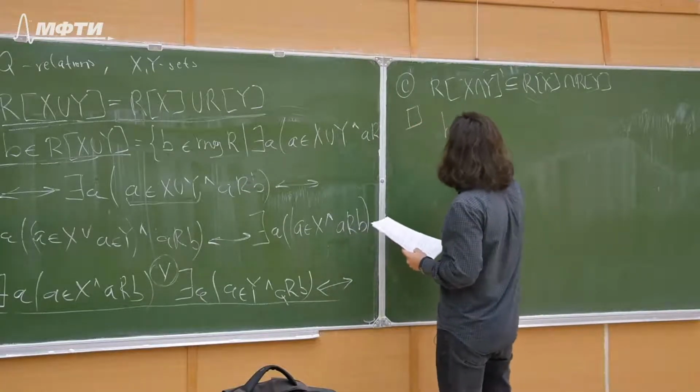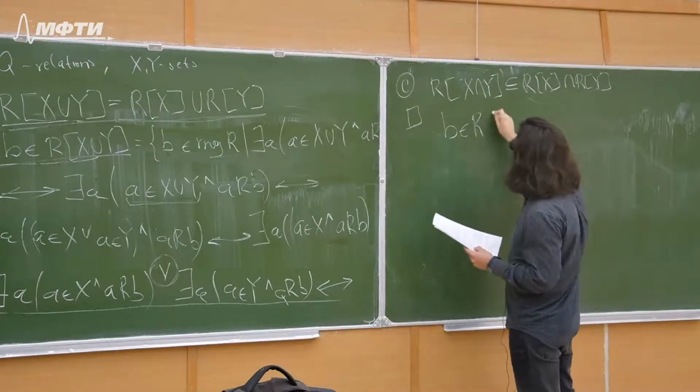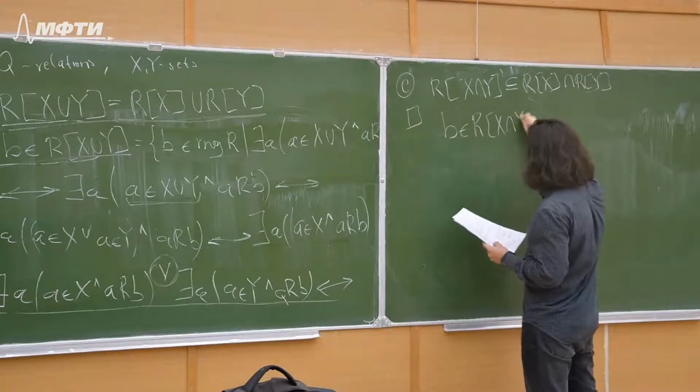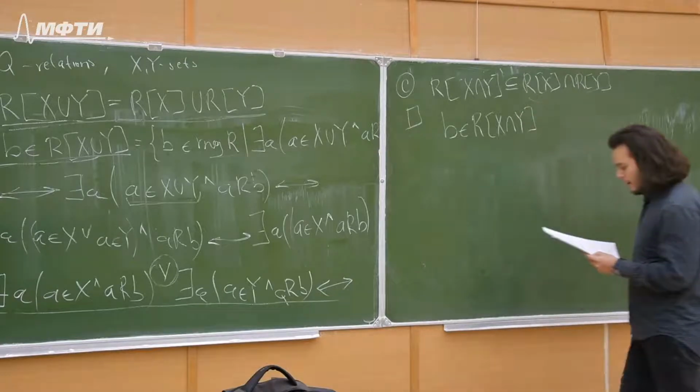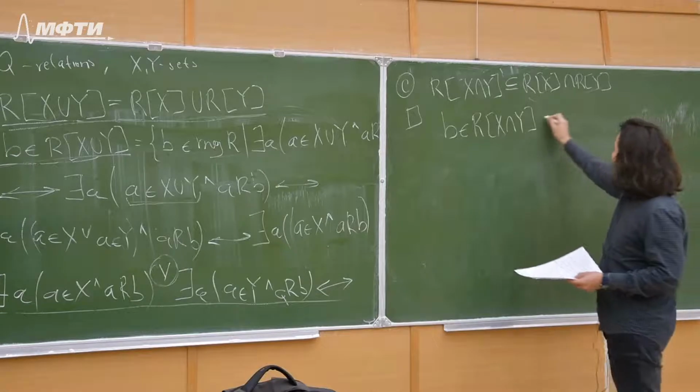So B is in the image of X intersection Y. And again, we have to do just the same thing.